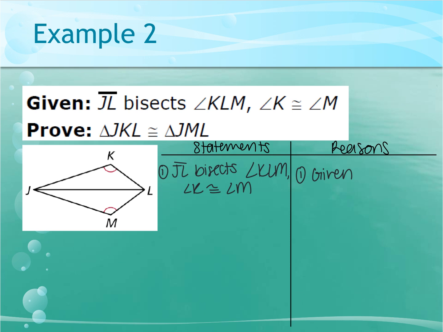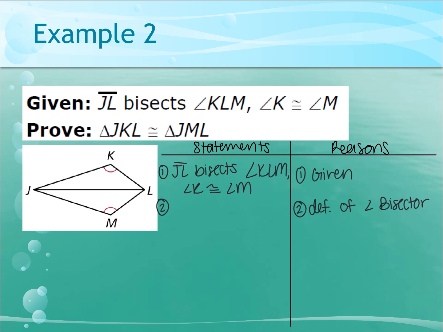But similar to midpoint, after bisect is going to come definition of bisector. If something's being bisected, I have to tell you what my outcome will be once it's bisected. So 2 is going to be definition of angle bisector, or you could just put bisector, that's fine.